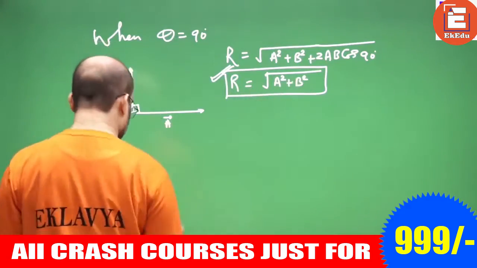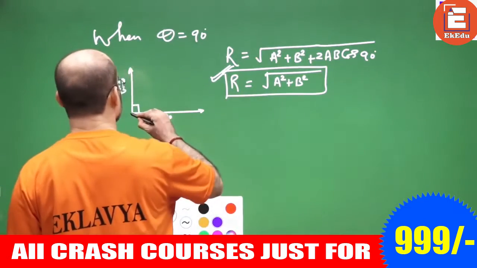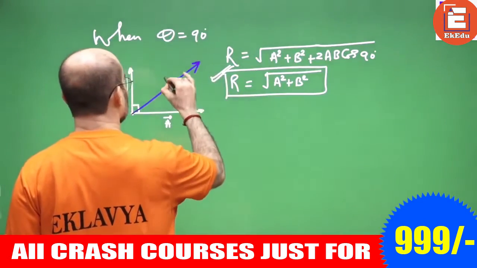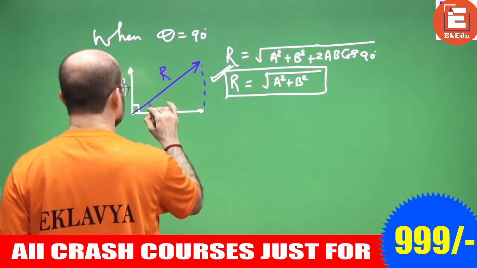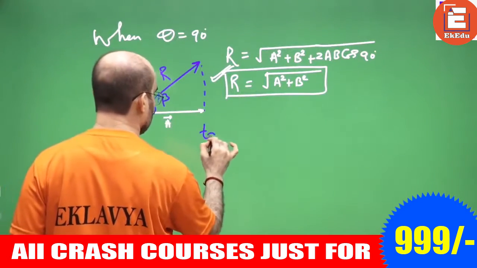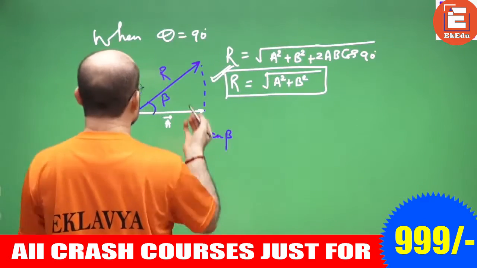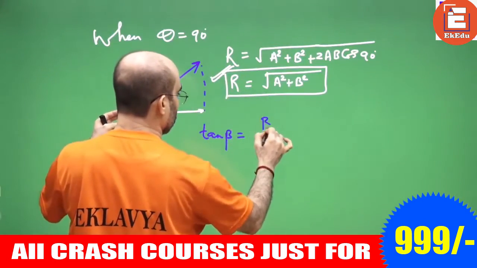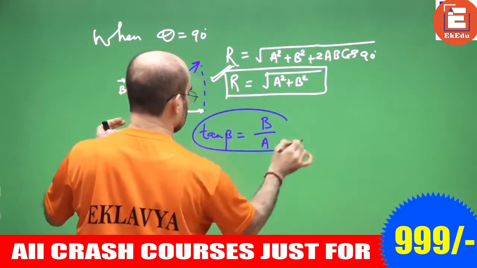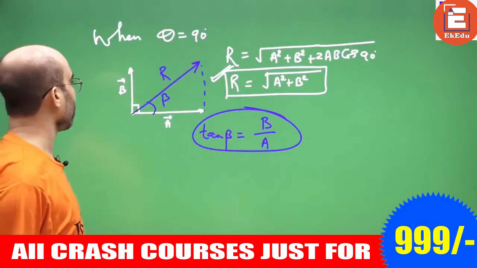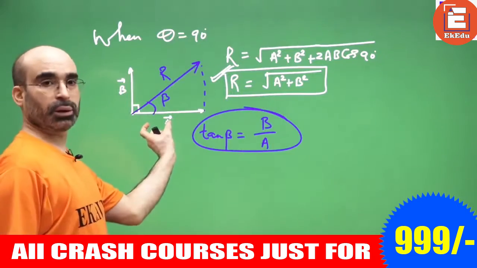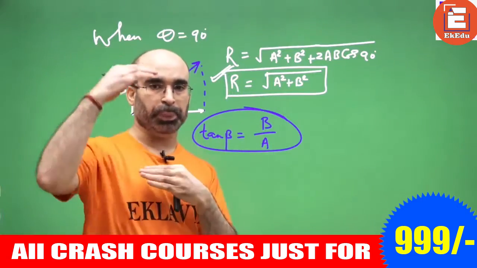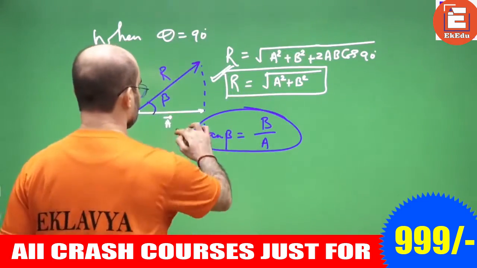And what will be the direction of the resultant vector? This is the resultant vector, and this is beta. Tan beta equals what? Tan beta equals B by A, because this is B, so this is also B. Perpendicular upon base, so this will be the direction.